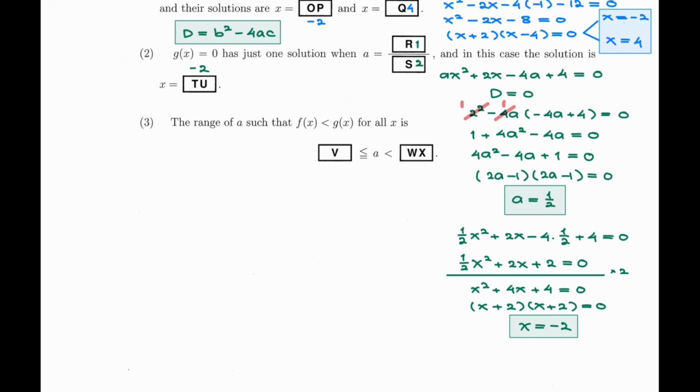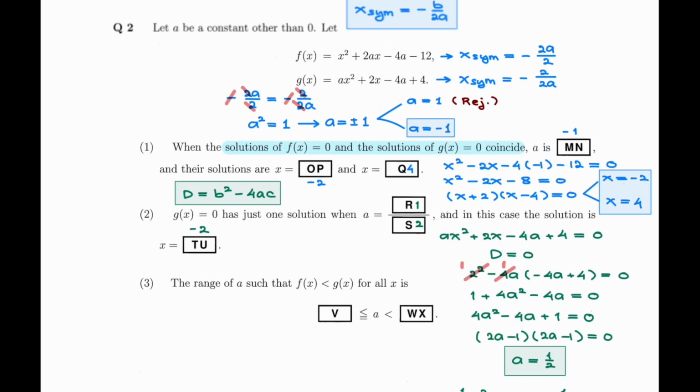Okay, let's continue to our last question. They want us to find the range of a such that f of x is less than g of x for all x, blah blah blah. We need to find the range of values of x for which f of x is less than g of x.